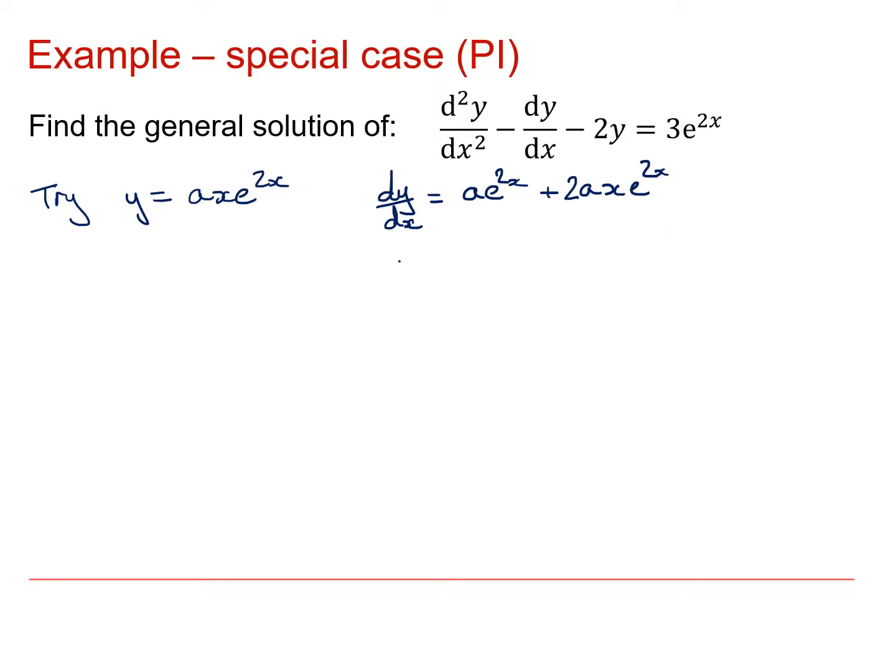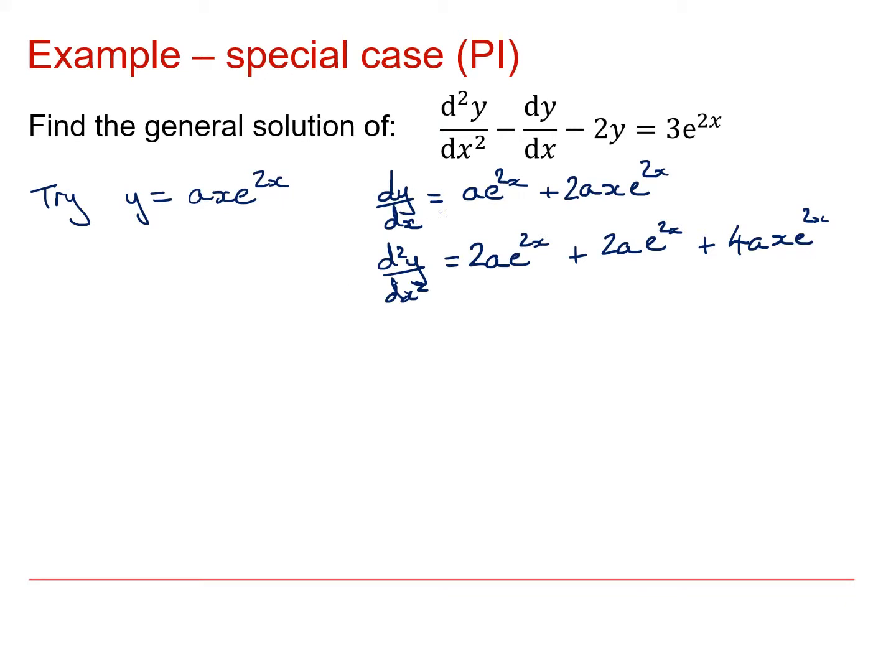And then if we differentiate a second time, so d2y/dx squared is equal to, this is just an ordinary derivative, so it's just 2a e to the 2x. And this is another product, so we're going to get 2a e to the 2x. And then we're going to get plus, this time it's going to be 4ax e to the 2x.